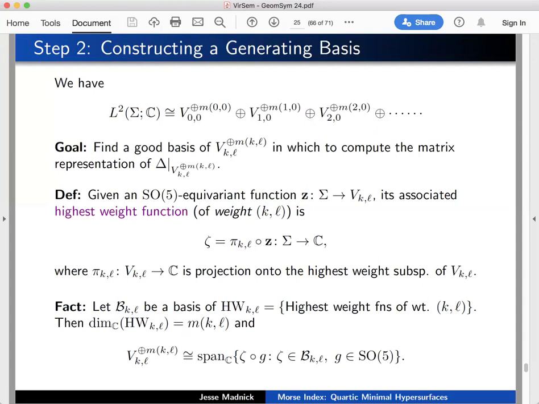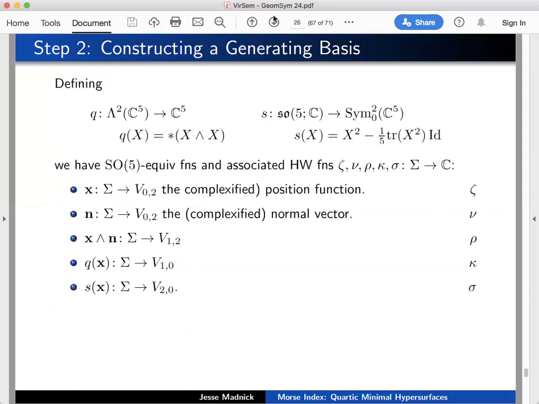Okay. Of course, to find this basis of highest weight functions, we need a large supply of highest weight functions. So that means we need a large supply of equivariant functions. So in the SO5 mod T2 case, we were able to find these 5 SO5 equivariant functions.